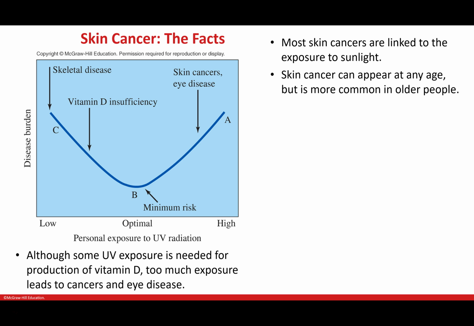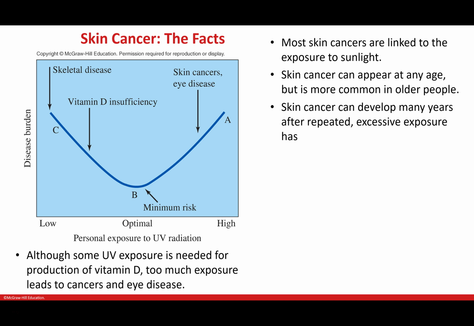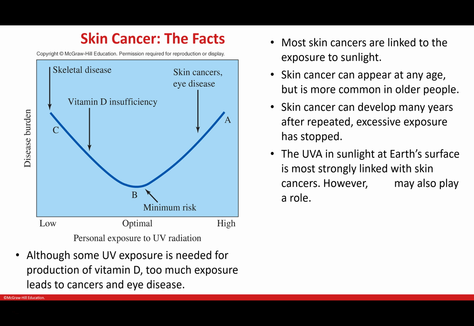Skin cancer can appear at any age, but it's more common in older people. The reason is item number 3 up there: even though you may not currently be exposed to the sun, the past will come back to haunt you. UVA, the least energetic, is most strongly linked with cancers. However, UVB also is a player.